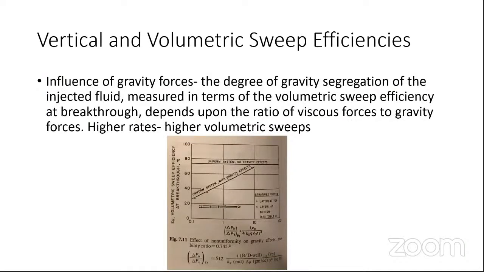Then you have the influence of gravity forces, which is the degree of gravity segregation of the injected fluid, measured in terms of the volumetric sweep efficiency at breakthrough. So it depends upon the ratio of viscous forces to gravity forces, and then higher rates give higher volumetric sweeps. So the chart below just shows the volumetric sweep efficiency at breakthrough.